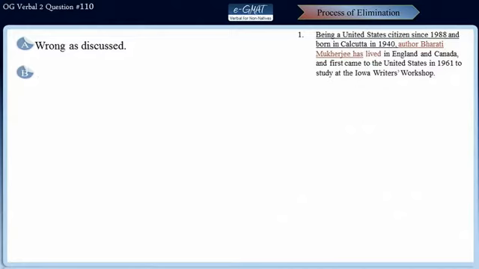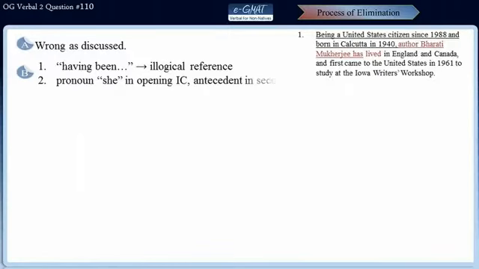In choice B, having been now suggests that the author got over with being the US citizen since 1988 and then she took birth in 1940. This is absolutely illogical. Also, the first independent clause has just a pronoun, she.